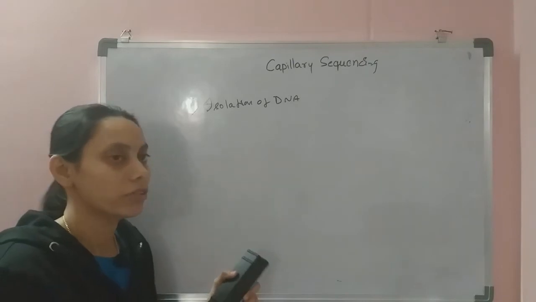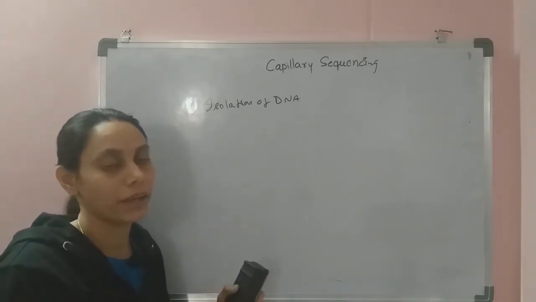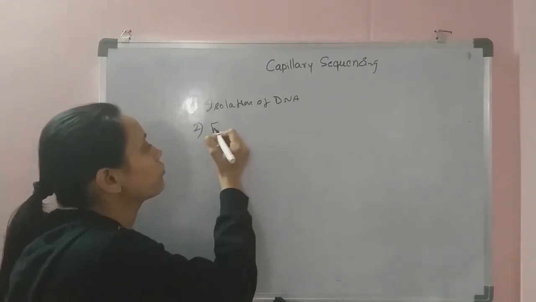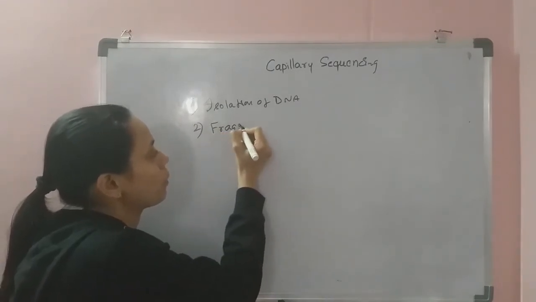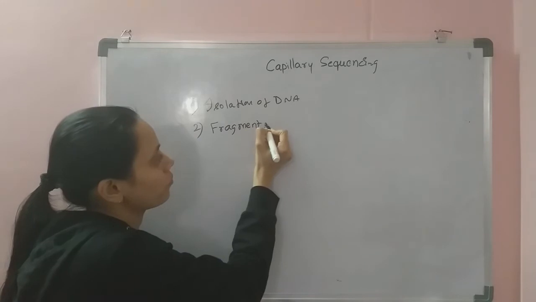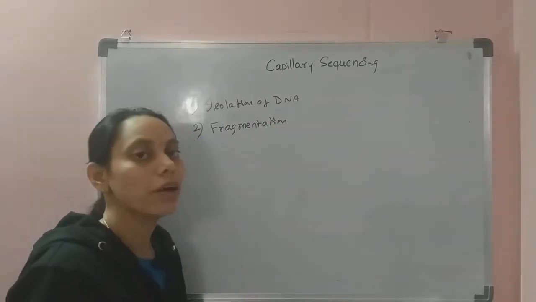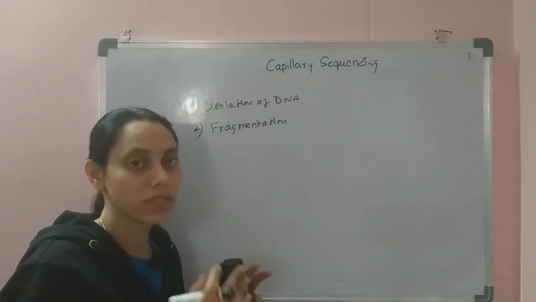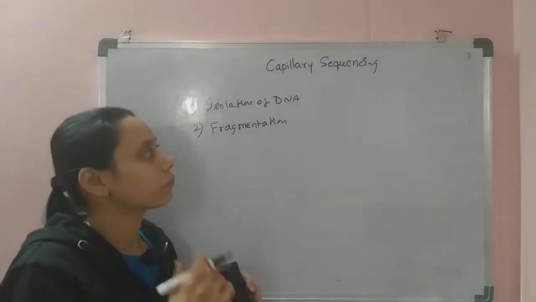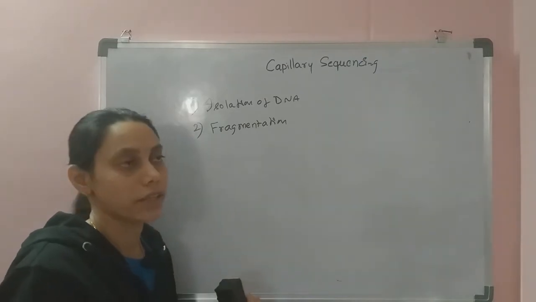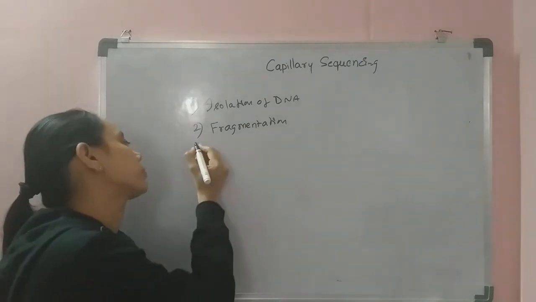Whatever may be the source, we need to isolate DNA in its pure form. Secondly, we need to go for fragmentation. These large DNAs need to be fragmented into short processable fragments. Using restriction endonucleases, we can make them into short fragments.